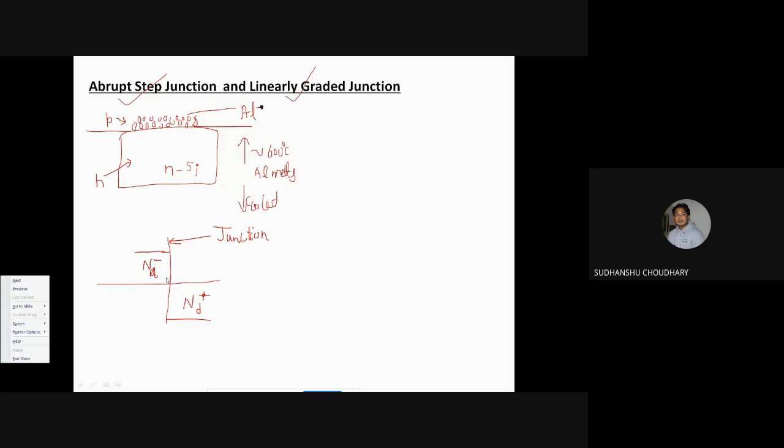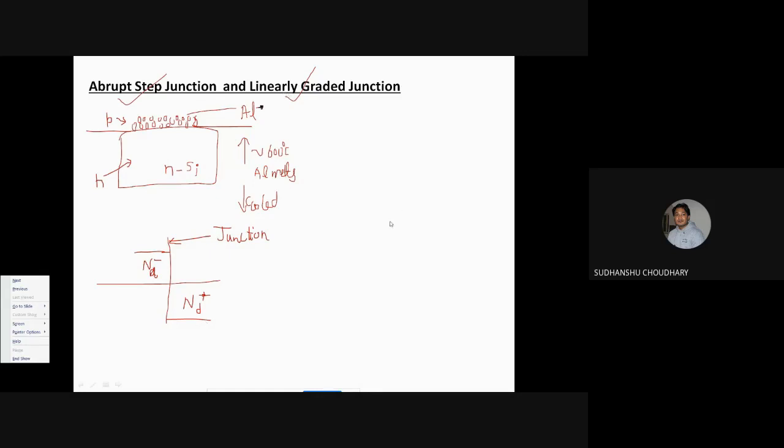So the carrier concentration changes abruptly at the junction. Towards the left, it is equal to the acceptor concentration, and towards the right, it is equal to the donor concentration per centimeter cube.